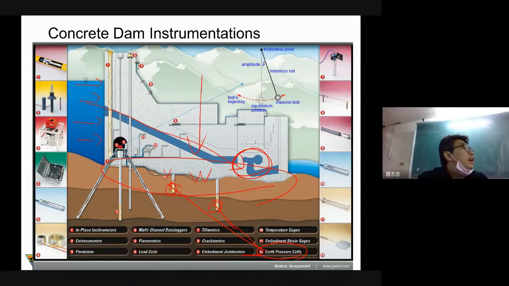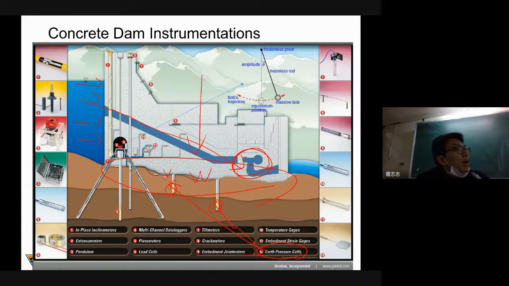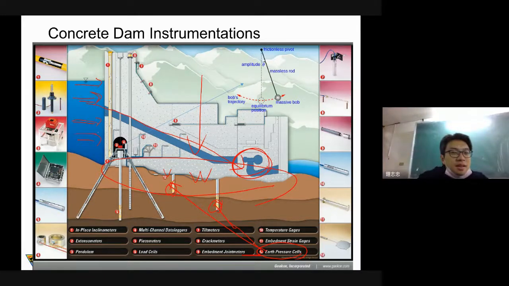This makes sure that the pressure is lower than the ultimate bearing capacity of this foundation. And what is the second one? If you have already built this kind of concrete dam, how can we defend against the water pressure? How can we?